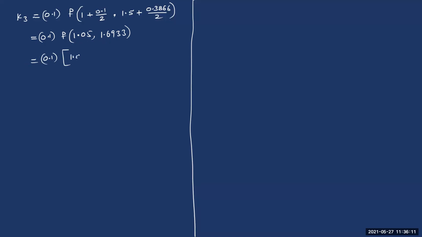So we'll get this as 1.05 whole square plus 1.6933 whole square. So this is equal to 6933 square.